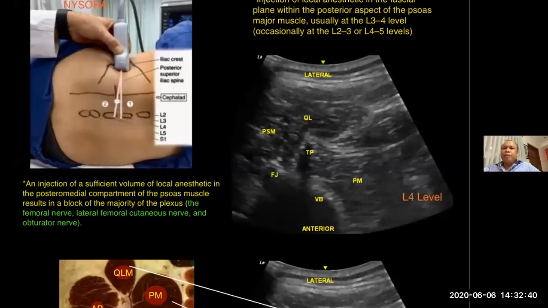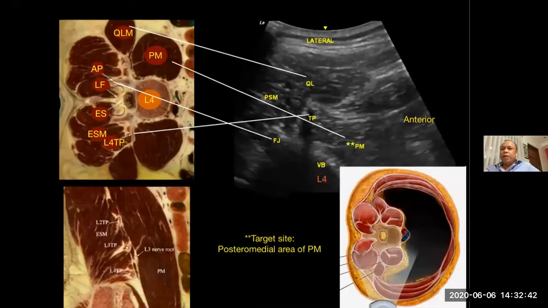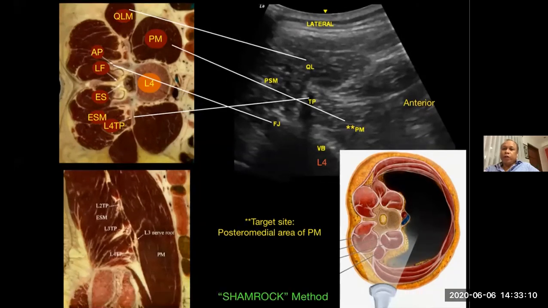but in the past, they had different techniques of doing it. But just for our information, these are the muscles that surround the lumbar vertebrae. And you have the quadratus lumborum, you have the psoas major right there, and you have the erector spinae. And then of course the reference areas that you use for targeting the osseous echogenic area will serve as your reference that you are in the right spot when you try to inject.